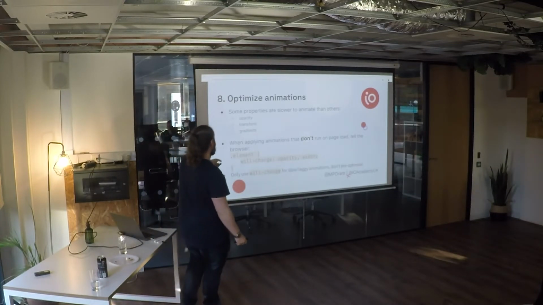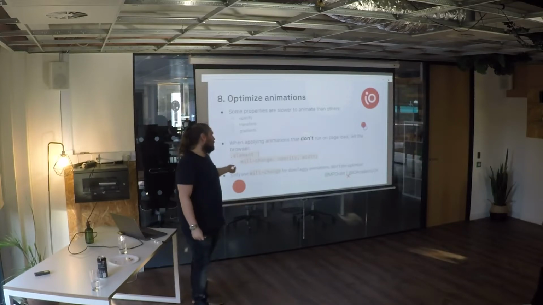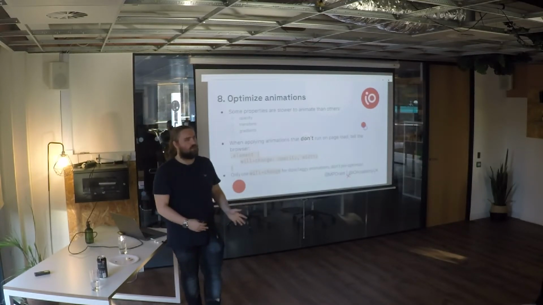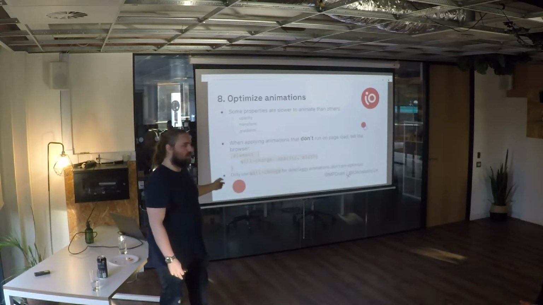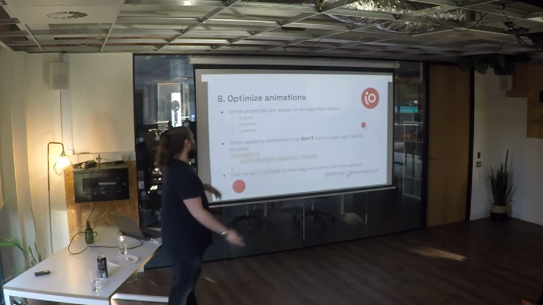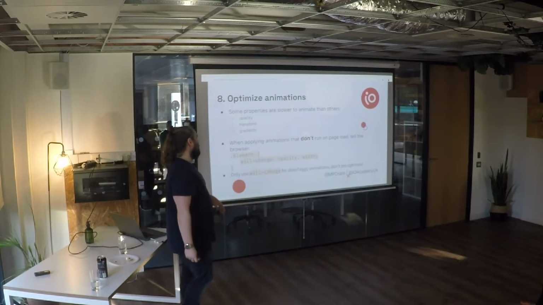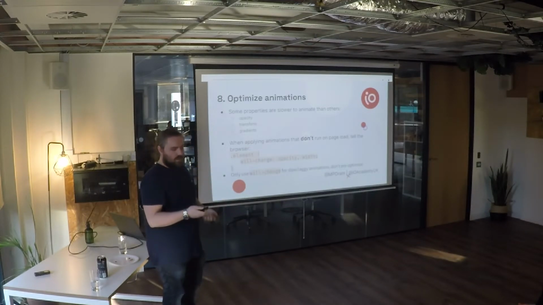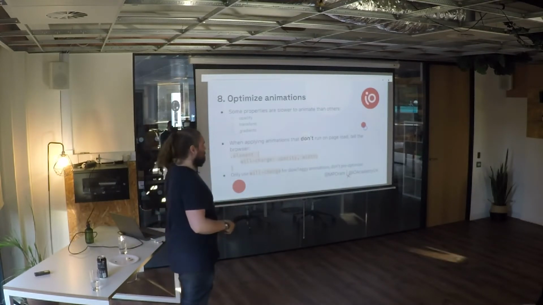So for that reason, I would recommend only using this if you've actually got slow animations. If everything's working fine, then don't bother, because all you're doing is slowing down your initial render for no reason. But if you have got laggy animations, then apply this and it'll probably fix it.